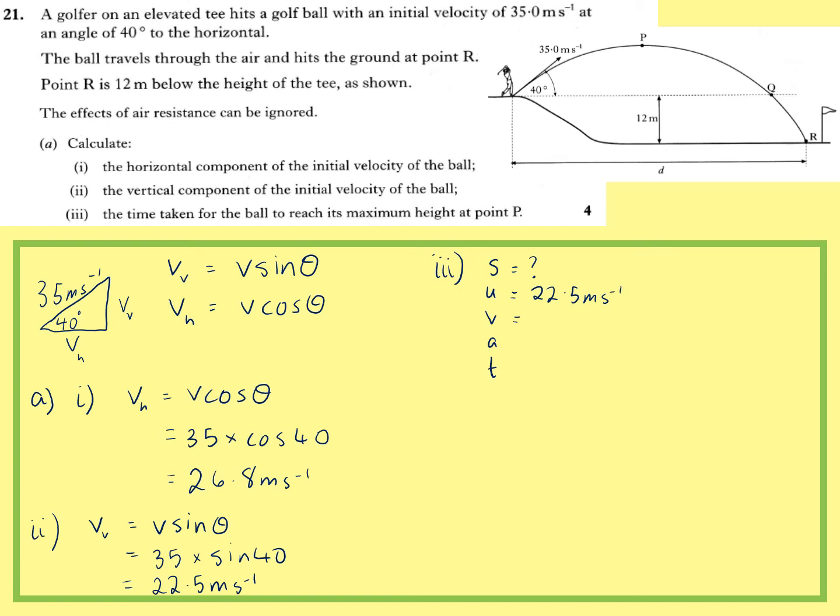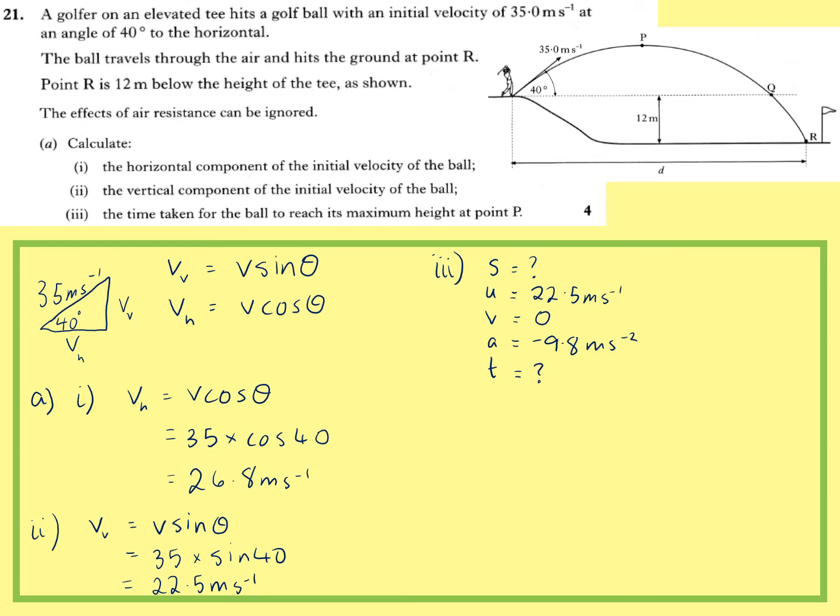Our end velocity is going to be 0 because point P is at the top of this arc that the ball's making. It's reached a vertical velocity of 0. Our acceleration is minus 9.8 meters per second squared because that's downwards. And our time is what we want to work out.